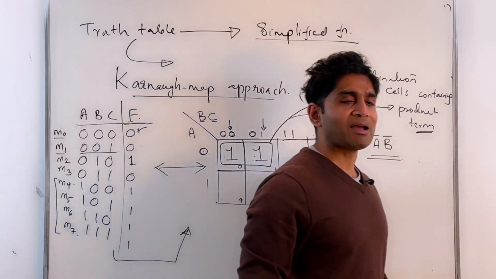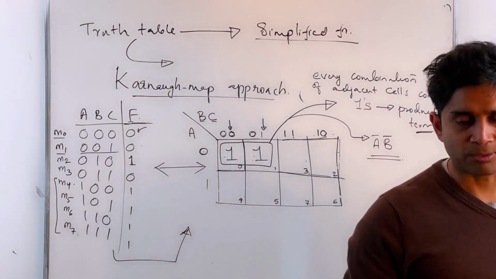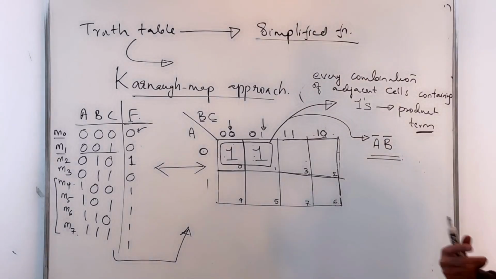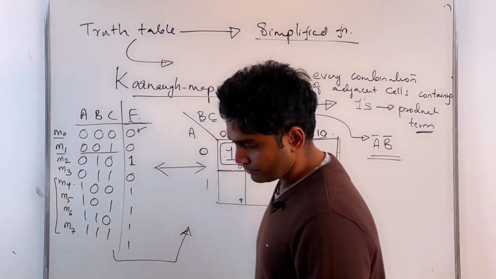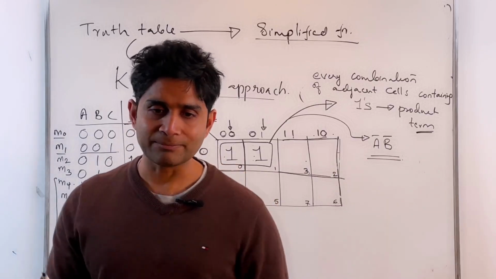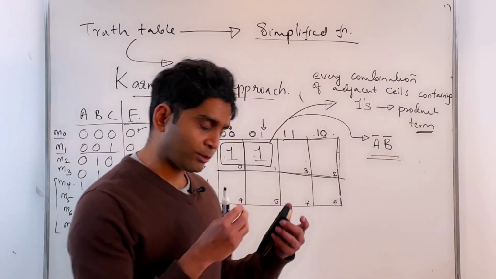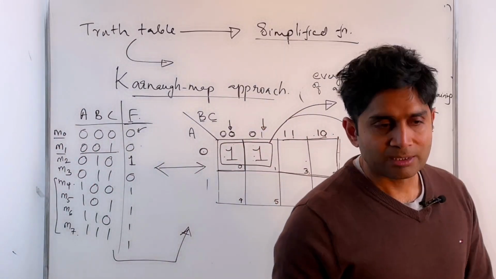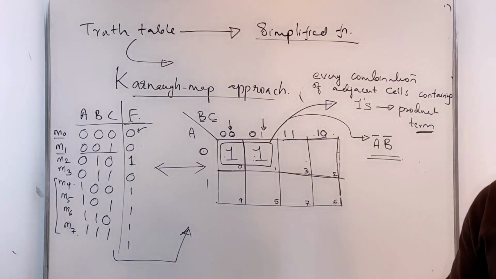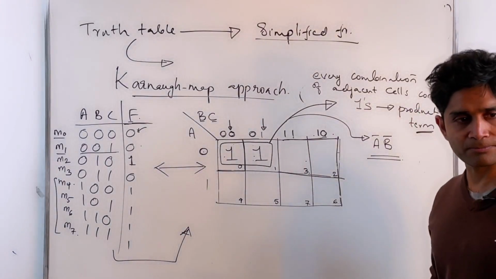In other words, I don't have to do any algebra here anymore. I don't have to apply any identities anymore. I can simply write down the product term directly just by looking at which variables change when I go from one cell to the next, and which variables do not change. That's all it is.